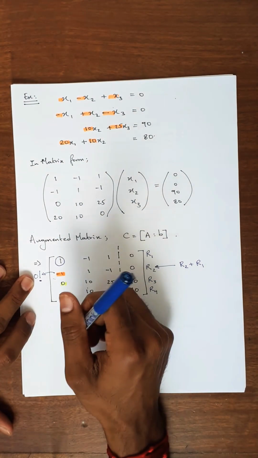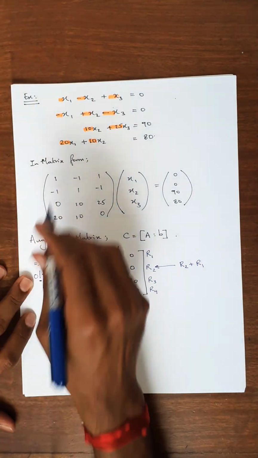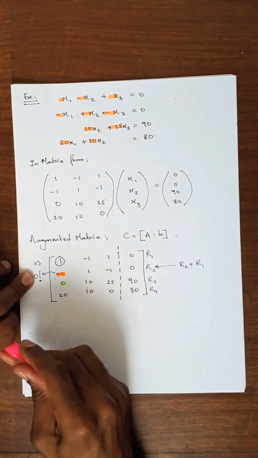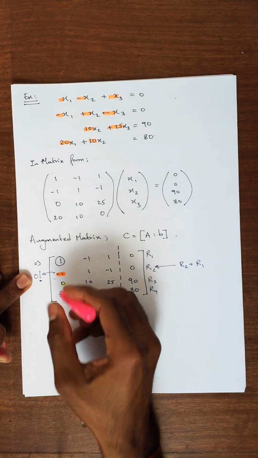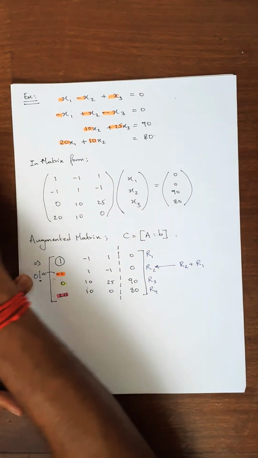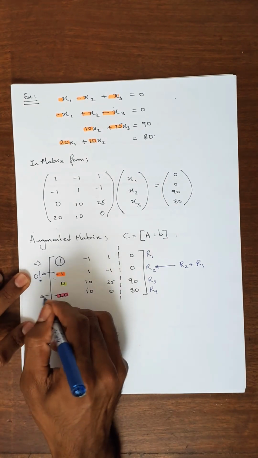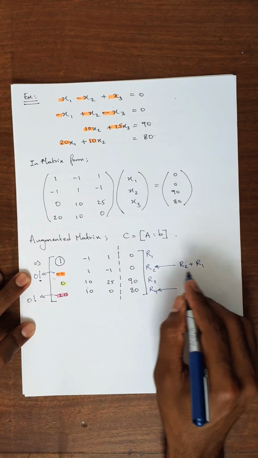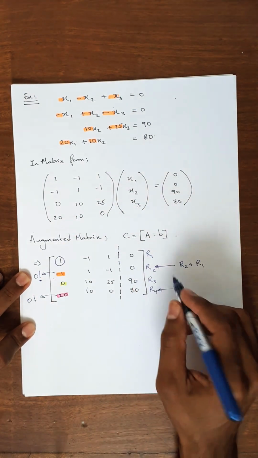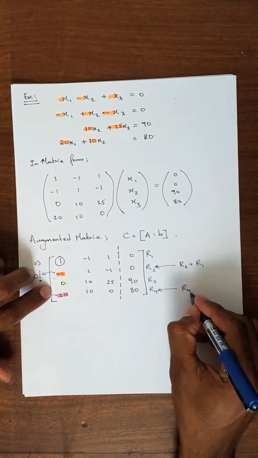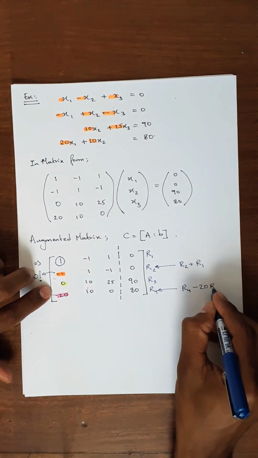Then, before I proceed to the simplest form, I have this 0, which is fine for me. I need to convert this 20 also into 0. Again, manipulating the rows, R4 using R1, the pivot row, you can have R4 minus 20 R1.